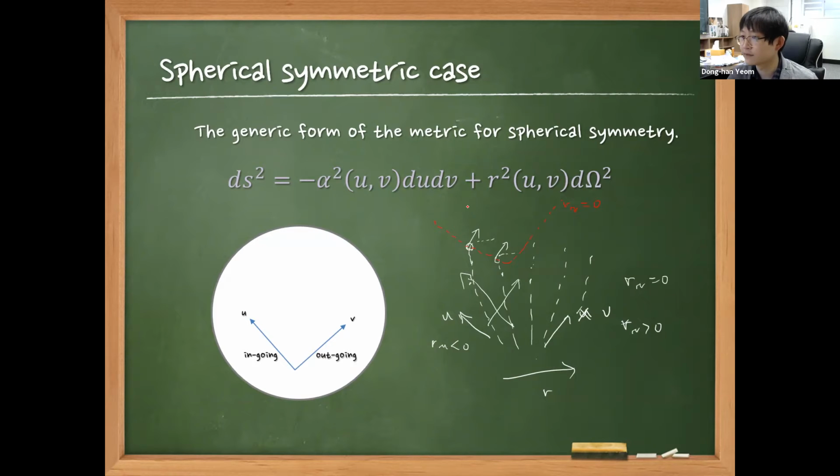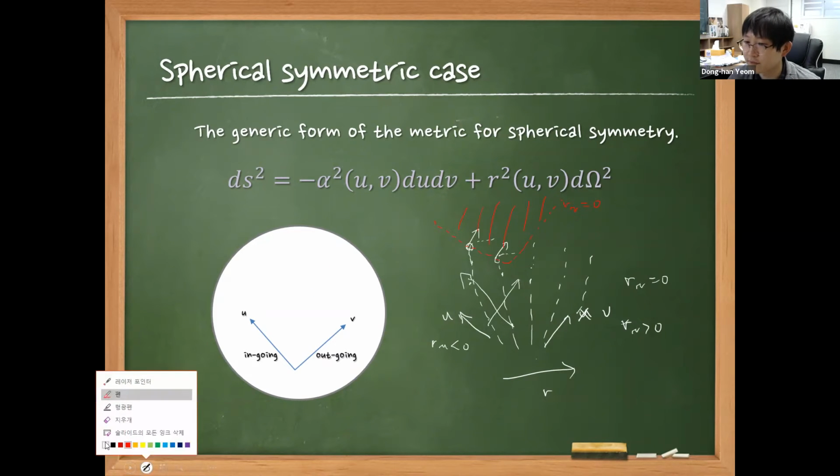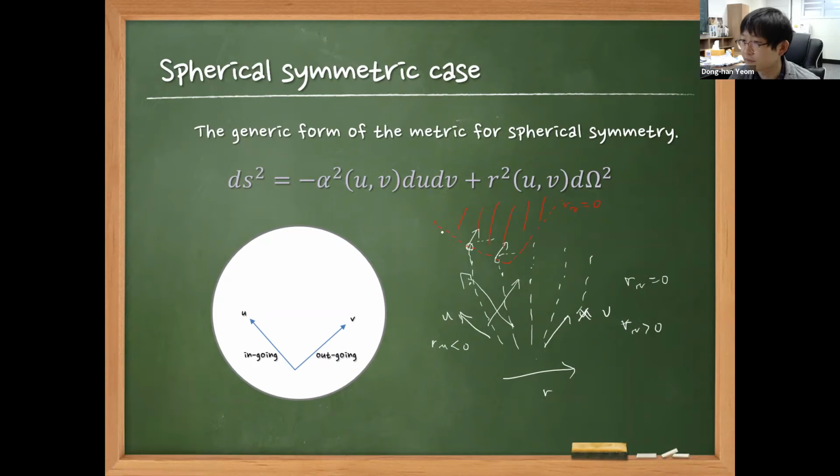So therefore, you can decide that here is the trapped region. Maybe you can define this red colored region as the inside of the black hole. And if you draw the contours inside the horizon, you can draw that. Now constant R contours are space-like.